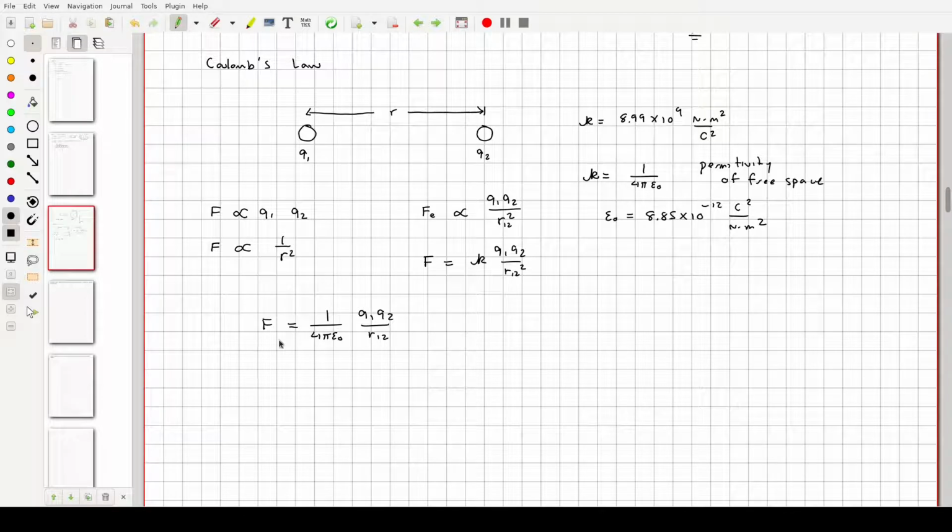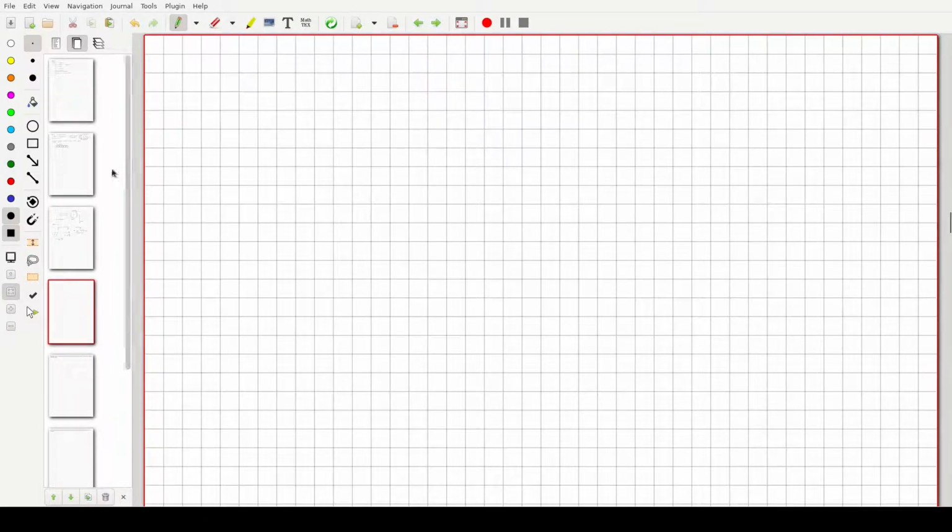Okay. Now let's talk about how it works as a vector. If you remember, gravity works through the center of things. It turns out that Coulomb's law looks the same, basically. So if you were to think of two charges, I'm going to call this charge Q1 and this charge Q2.